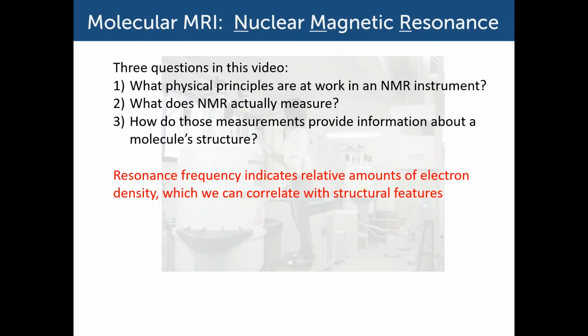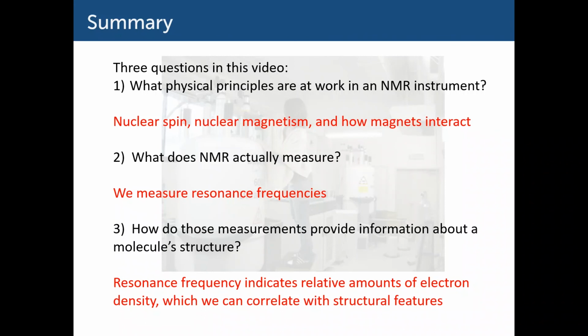So we've answered three different questions in this video. One is what physical principles are applicable for NMR, and that's essentially this concept of nuclear spin, right? If we've got a spin number that's not zero, we'll have a magnetic moment for the nucleus, and that magnetic moment will align in an external magnetic field, which is what our instrument provides. What we actually measure with NMR are resonance frequencies of photons that come from spin relaxations, from spins going from the beta state to the alpha state.